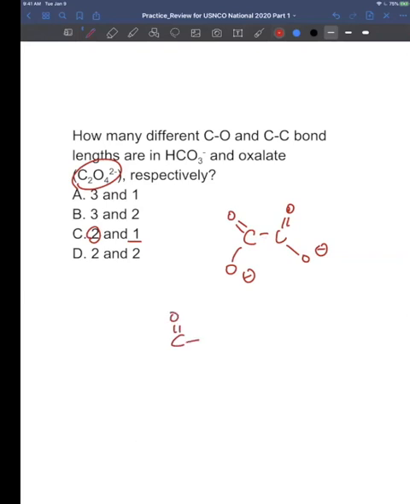And for the bicarbonate, it's supposed to be like this. But think about there's the resonance, right? To switch the double bond and single bond, which means these 2 CO bonds will have the same length with a bond order of 1.5, slightly shorter. This one is a single bond, so it's a second type of length, which will be slightly longer. Make sense to you?